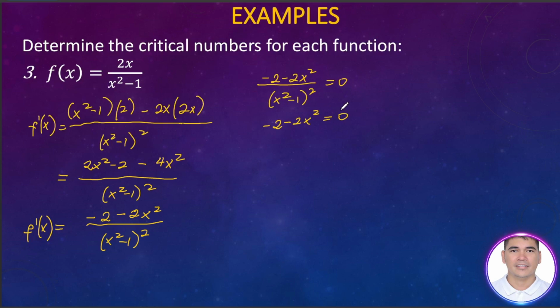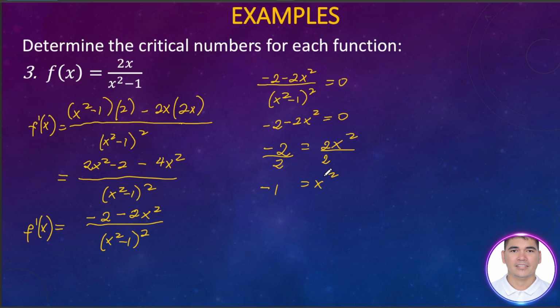Now how we are going to get the value of x? So using the skills in doing the algebra, you can have this 1 divided by 2. So the remaining is negative 1 is equal to x squared. Now if you are going to the square root of negative 1, the result can have negative 1 or 1.